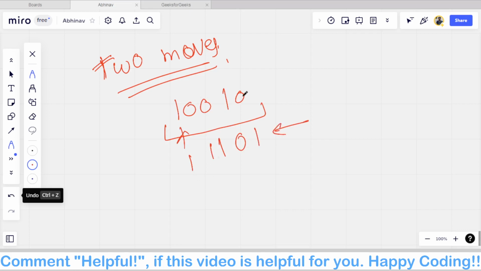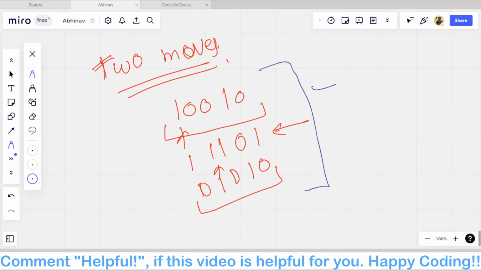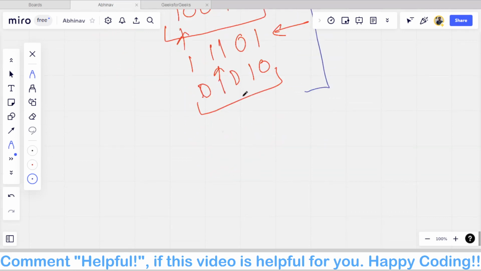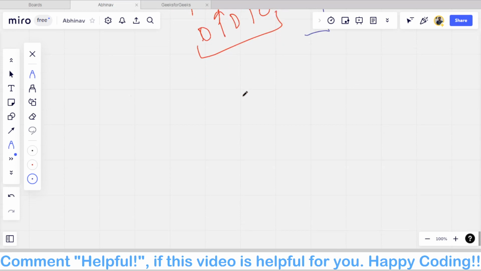And in another move, I can pick this one, and the others become like this. So this is what I observed. Here is the main logic I have observed. Let me do it once again more clearly. Just try to observe.